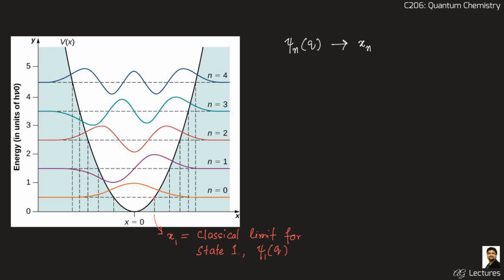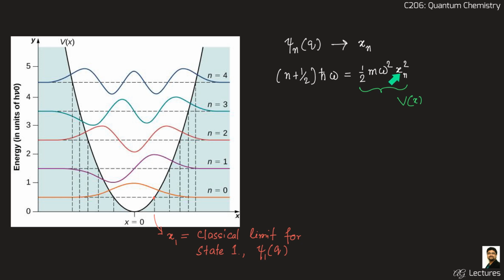So for that situation we can write that n plus half h cross omega, which is the energy for any psi n, this is the En, is equal to half m omega square xn square, because this particular quantity is our V of x. And we have already found that this is the classical limit.